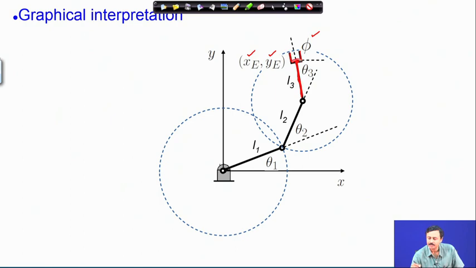This gets completely fixed. Because one point is fixed and the angle is fixed. So, this link is fixed completely. Therefore, this point is completely fixed. This revolute joint is completely fixed.